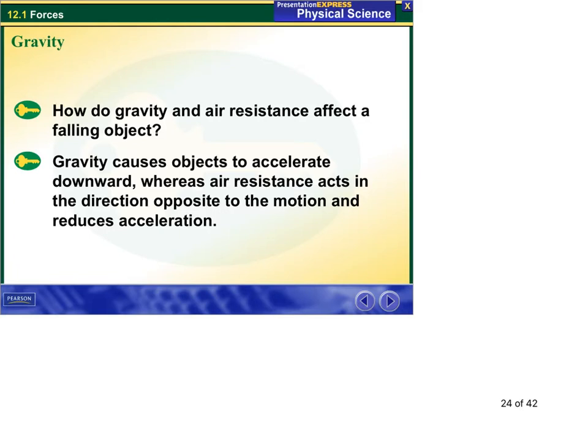This is what I mentioned a little bit ago. Gravity causes objects to accelerate downward. Air resistance acts in the direction opposite to the motion and reduces the acceleration. And again, the farther the object falls, the greater the air resistance becomes.